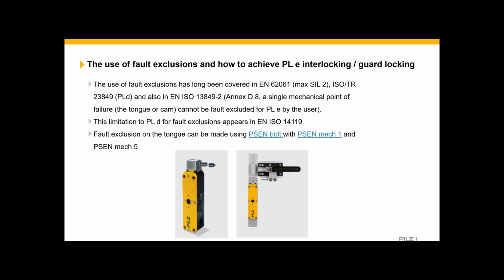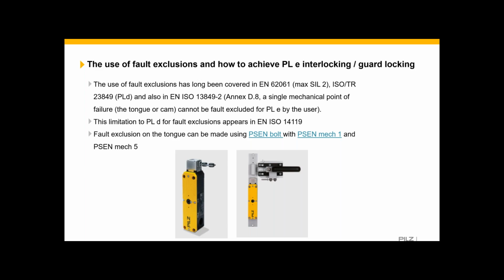The limitation to PLD for fault exclusion appears in ISO 14119, and in this example here, we have our PCEN mech interlock, which is PLC rated. The actuator is the single point of failure, which is this point here.